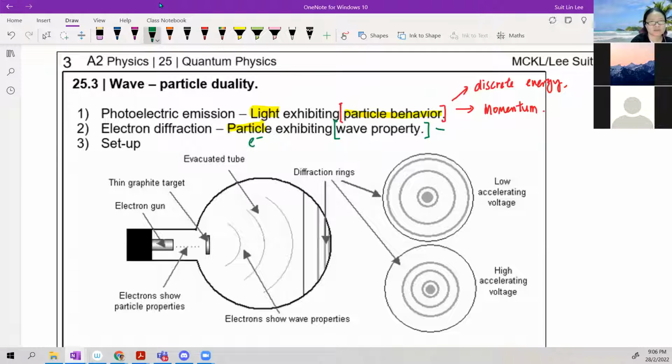So the wave property that comes to mind is something like diffraction, which means what we should be able to calculate, because anything that has a discrete energy will have momentum, like the ball rolling towards you. Okay, so anything that's diffraction will be able to have wavelength.